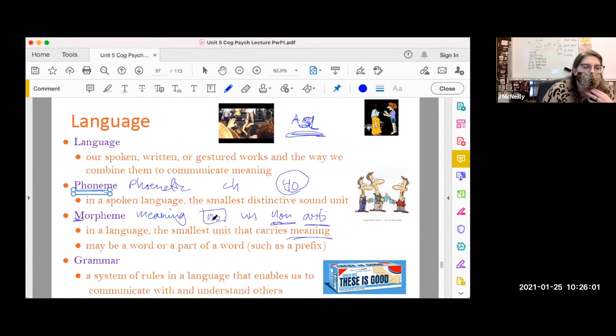Okay, what are some grammar rules that we have in English? Well, we have subject-verb agreement, right? So there's plural versus singular. What else is there? Oh, the way that we put our nouns and adjectives, we put like red car.